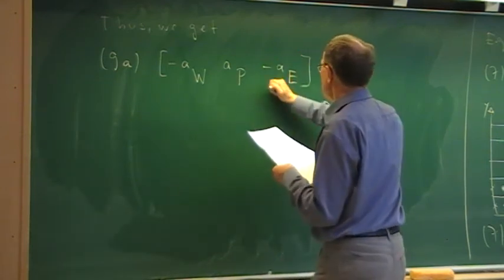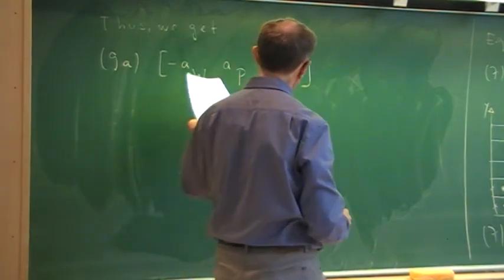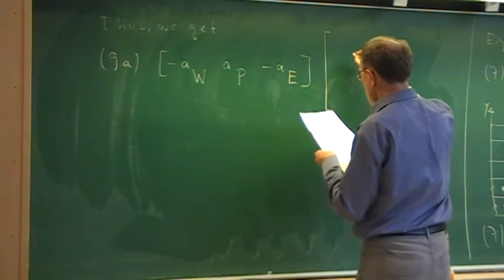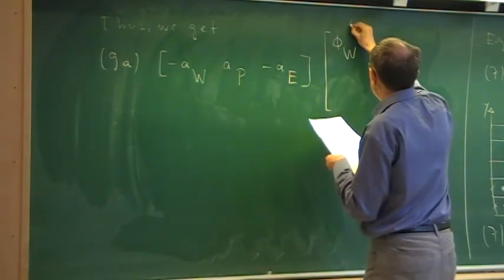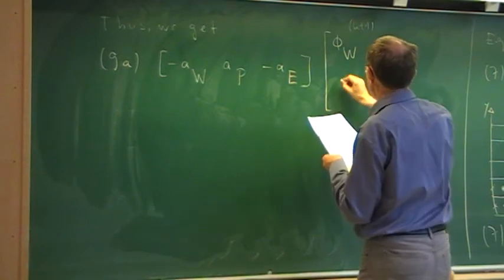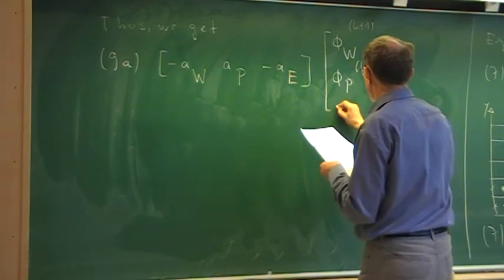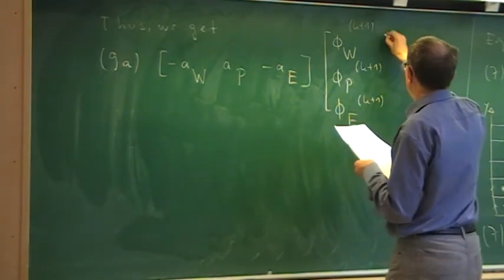So that is the matrix that we are now considering, these coefficients. And they are then multiplying our unknowns at phi W, and they are taken at the new iteration level. Phi P is taken at the new iteration level, and phi E is taken at the new iteration level.